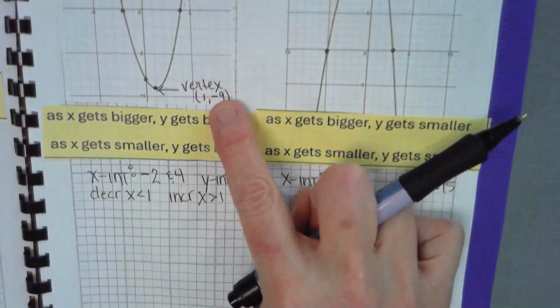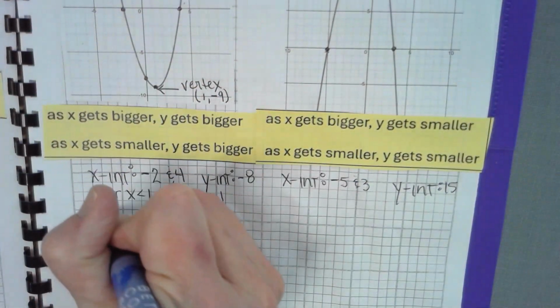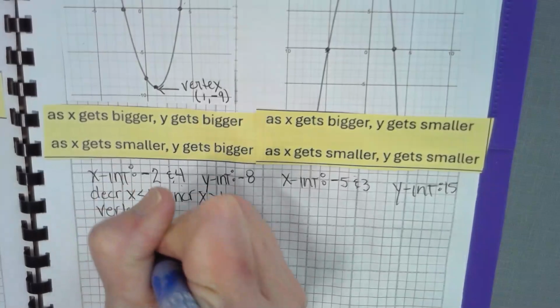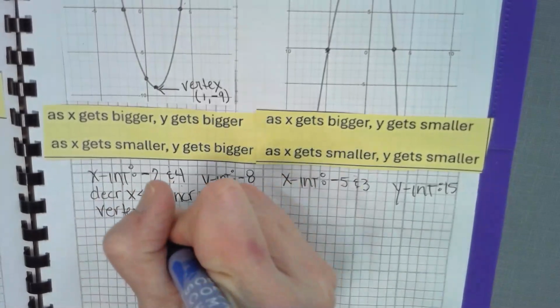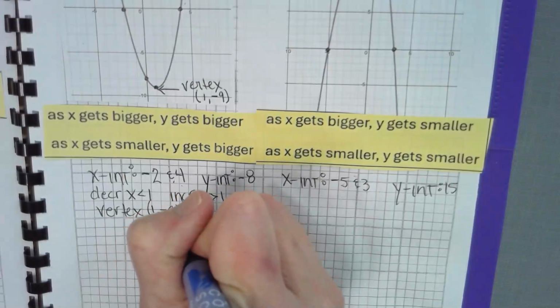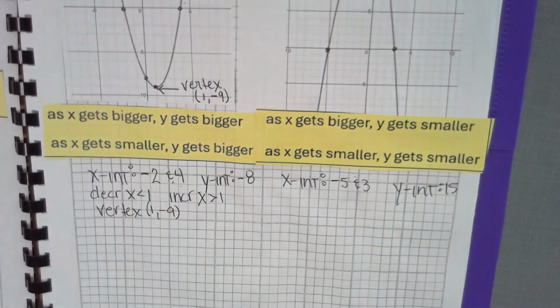And you got a vertex at 1, -9, and I do realize that that's a new word for you. So let's absorb it. The vertex is where the graph changes from increasing and decreasing. By the way, is this the lowest point on the graph or the highest? It's the lowest. That's called a minimum.